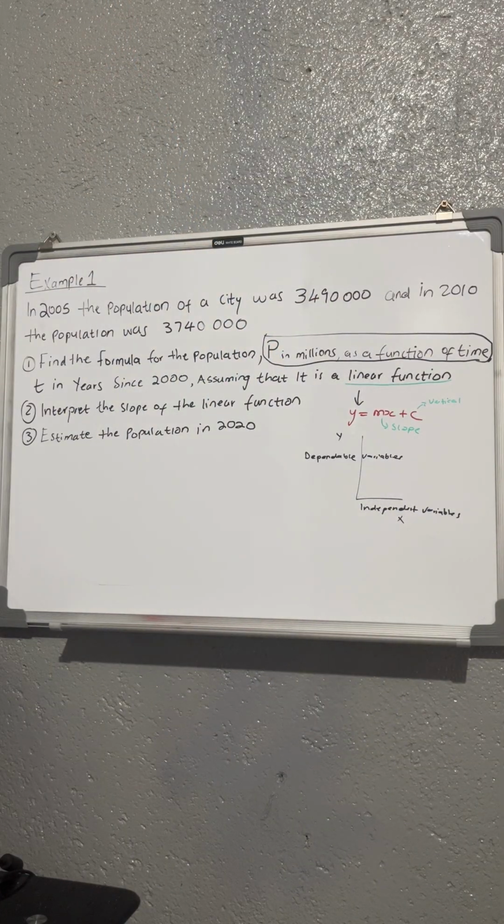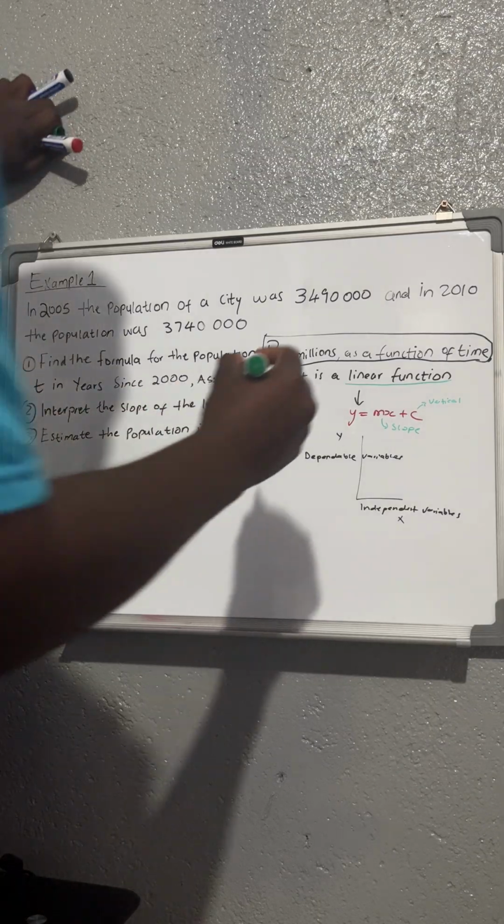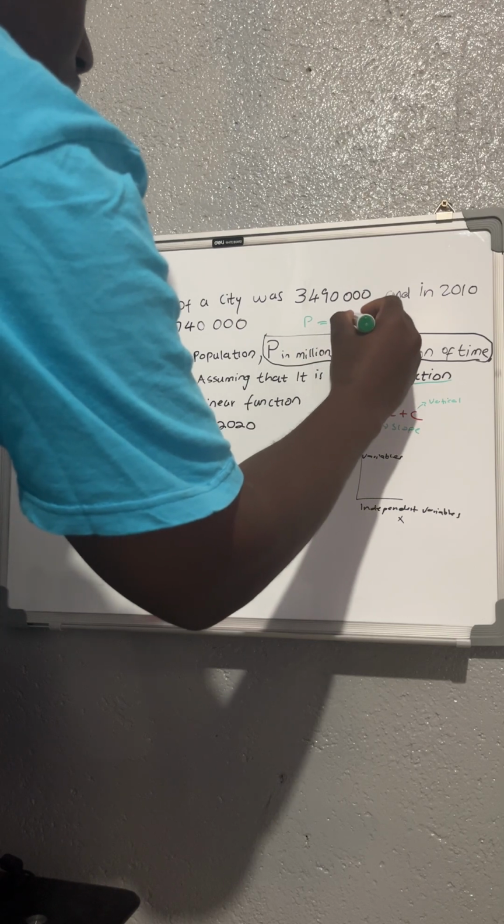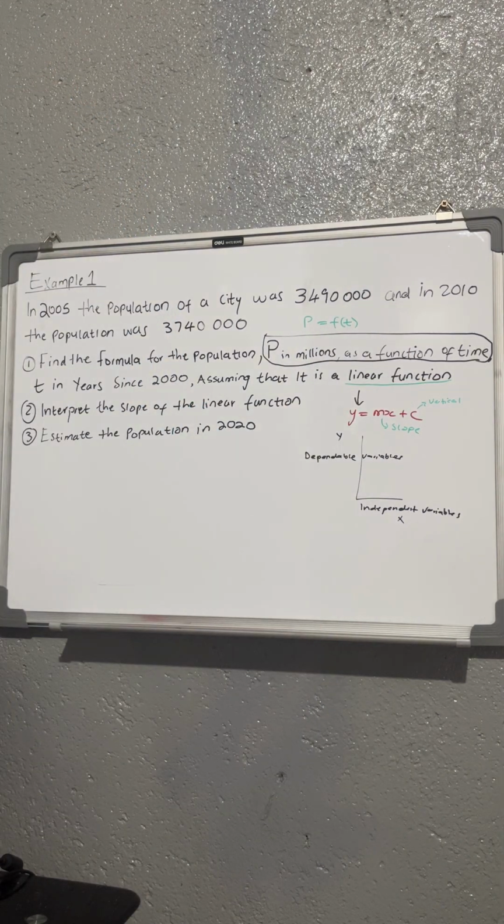When they're saying P as a function of time, basically they're letting you know that P is equal to f of t, and between your population and your time, which one would be depending on the other and which one will not be depending on the other?